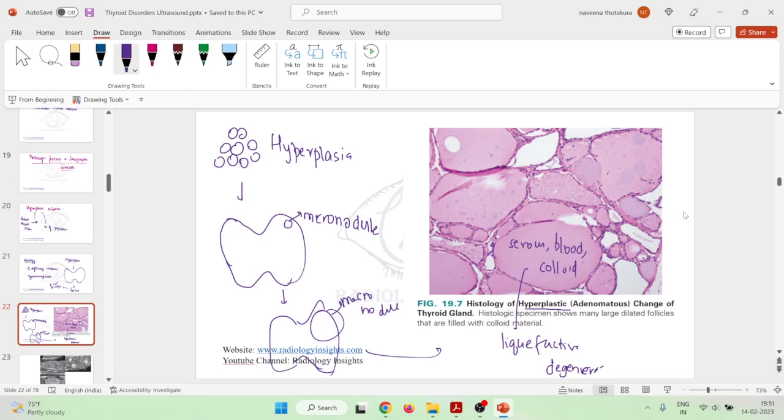So this completely we call either hyperplastic or adenomatous, or we can also call it colloid nodules, because these follicles are dilated and filled with colloid-like substance. A cystic degenerative process is seen, and calcification can also be seen in certain areas. This is what is seen histologically.